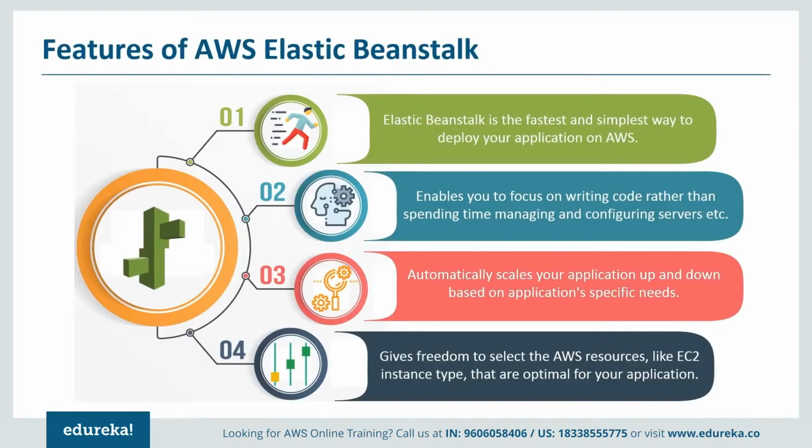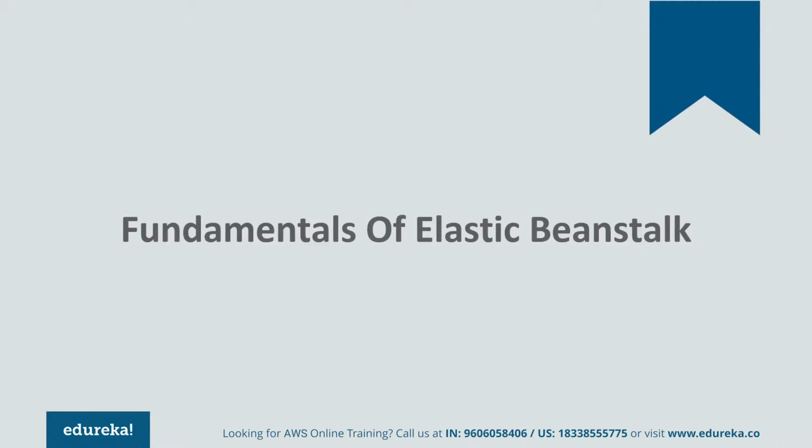Well, if you remember, if you use infrastructure as a service to deploy your application, you will have full control over AWS resources. Similarly, Beanstalk also provides you with full control over your AWS resources, and you can have access to the underlying resources at any time.